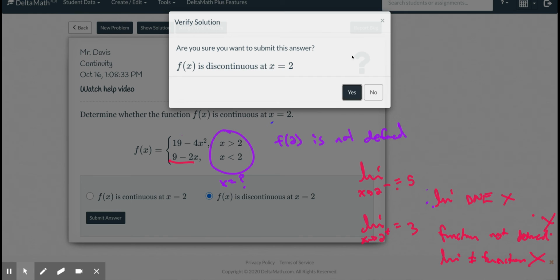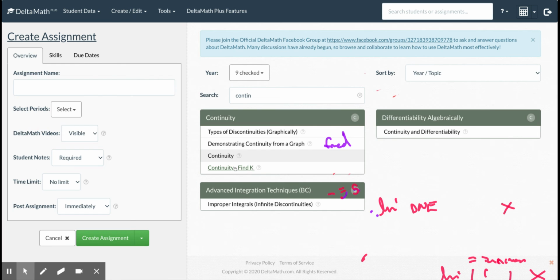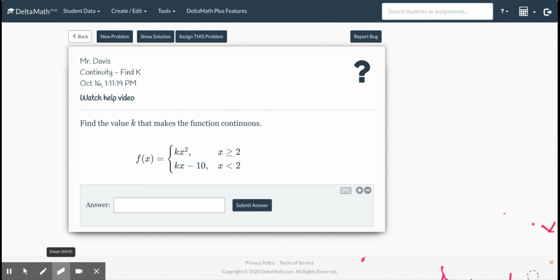All right, and let's look at our last problem type. Finding the k value. These I have seen on the AP test pretty regularly as well. Generally, maybe a little bit more complicated piecewise function.